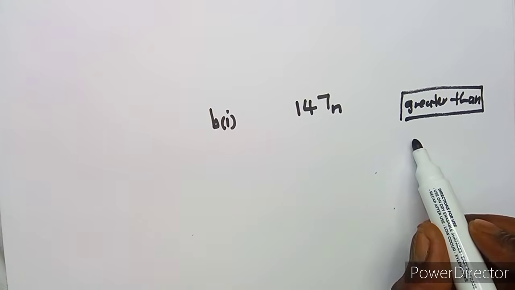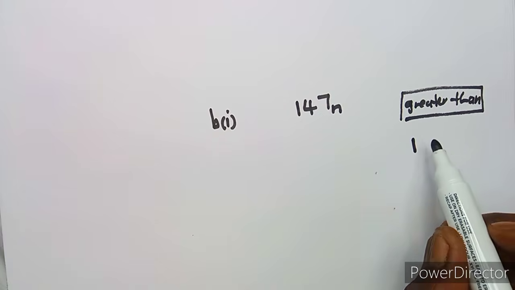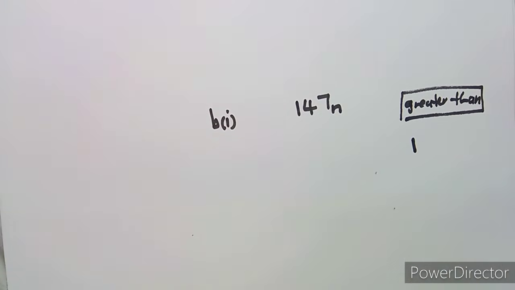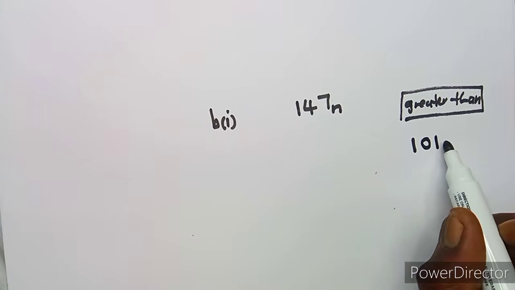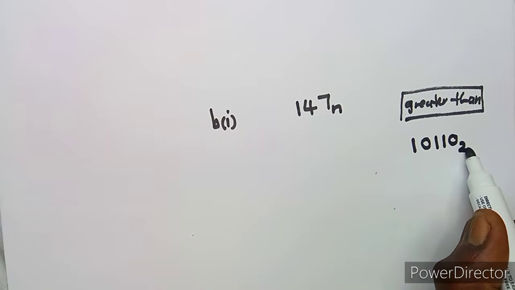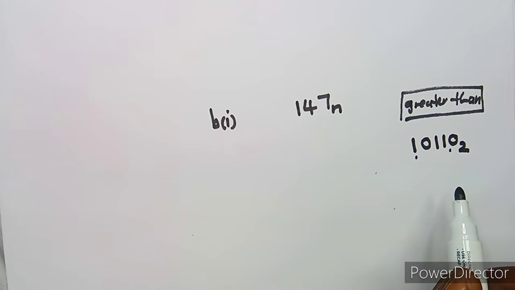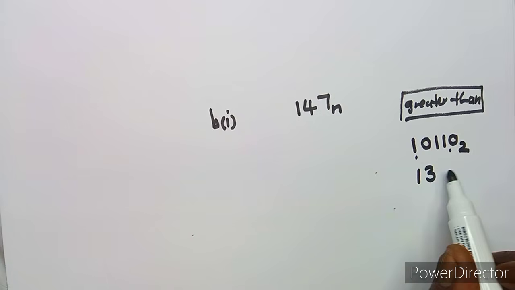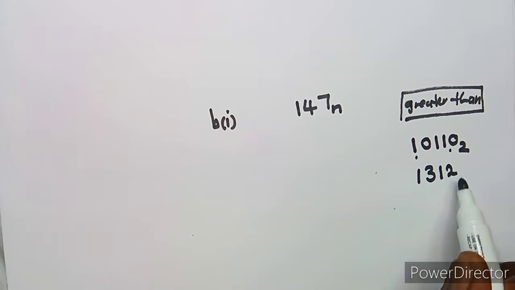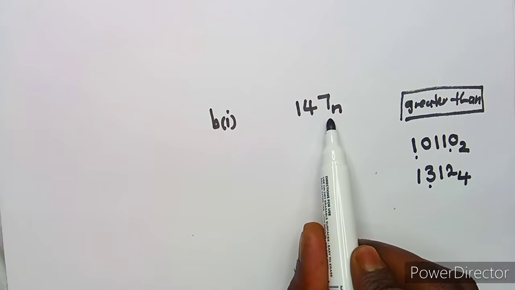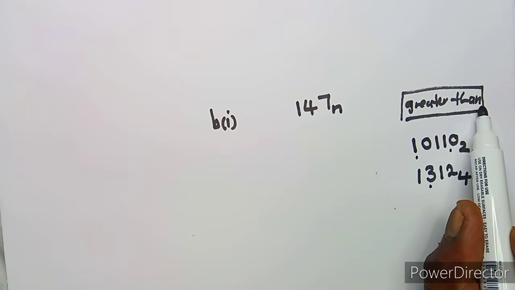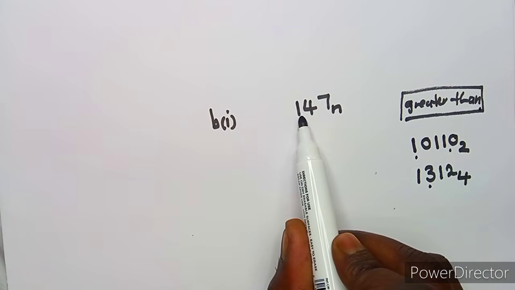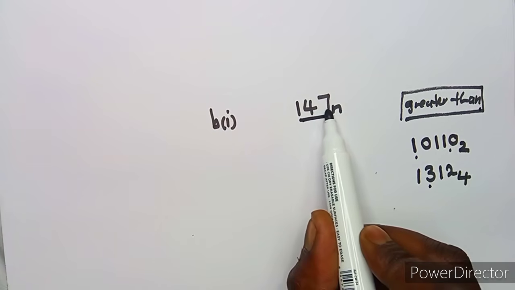Let's take for example, if I am in base 2, the only numbers I can have are 0 and 1. In base 4, the highest number that we can have is 3. So the least possible value is going to be a number that is greater than the highest digit that we have here, which is 7.